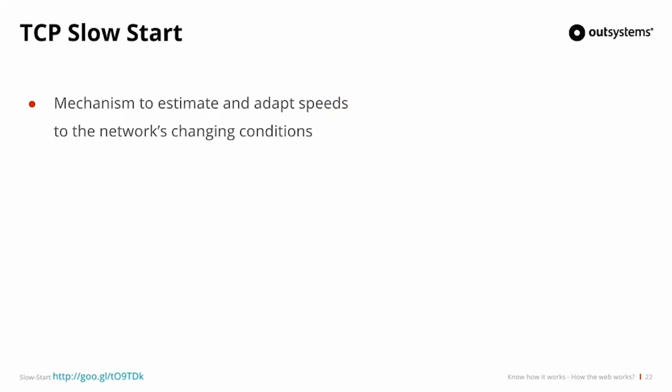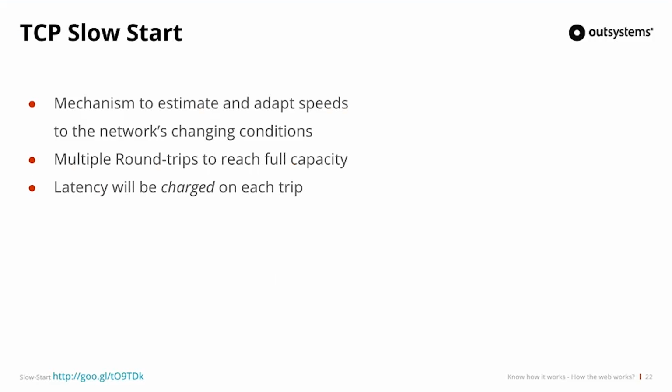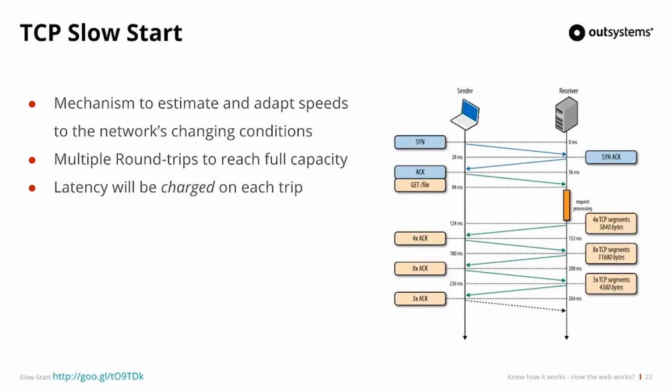The TCP slow start is a mechanism to protect the server. So after we establish the 3-way handshake connection with the server, and we start to send some packages, for instance, the variable here is 4.